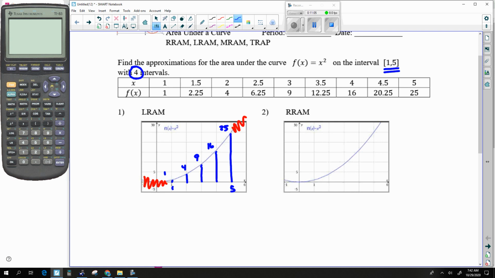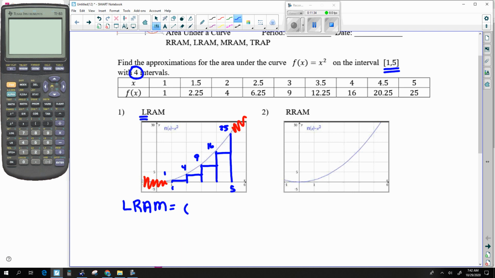All right. This one is going to be an LRAM, so the left-hand side is determining the height. Of this first rectangle, the height is going to be 1. The second is going to be 4, 9, and 16. So the LRAM in this situation is equal to base times height.